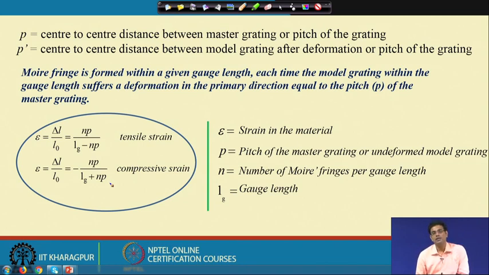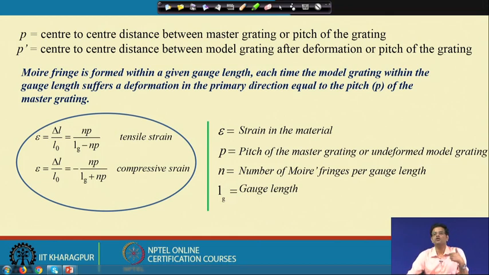Now, this is just to introduce the topic to you. We will not really be doing these things, as they require some experimental setup to understand. In an overall sense, our objective here was just to introduce what Moiré fringes are and how we can calculate strain patterns from them.